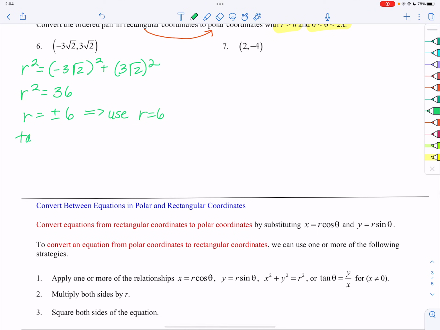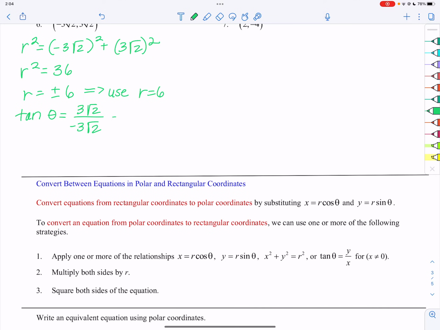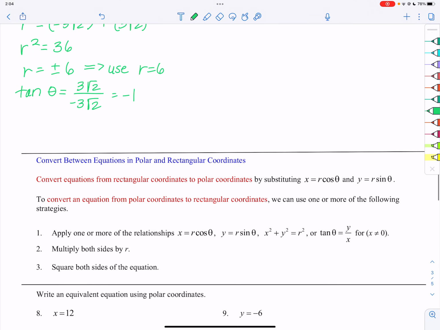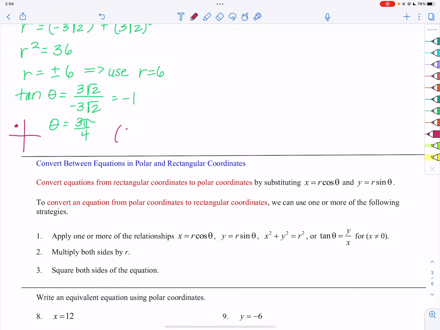So now we'll have the tangent of theta is 3 root 2 over the opposite of 3 root 2, and that's equal to negative 1. So theta must be equal to 3 pi over 4. So as you can see here, we are going to be in quadrant 2. And now our polar coordinates are 6, 3 pi over 4.